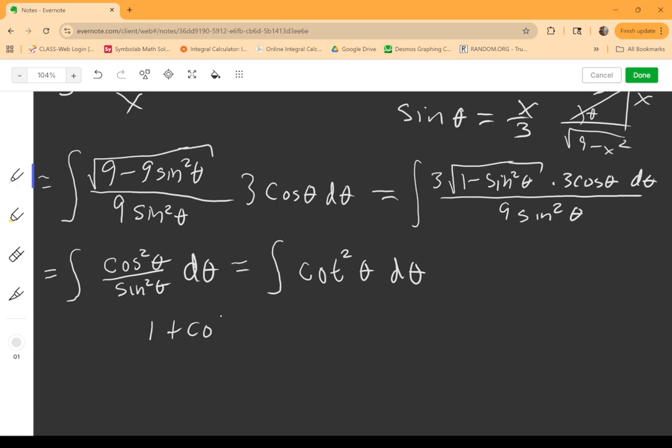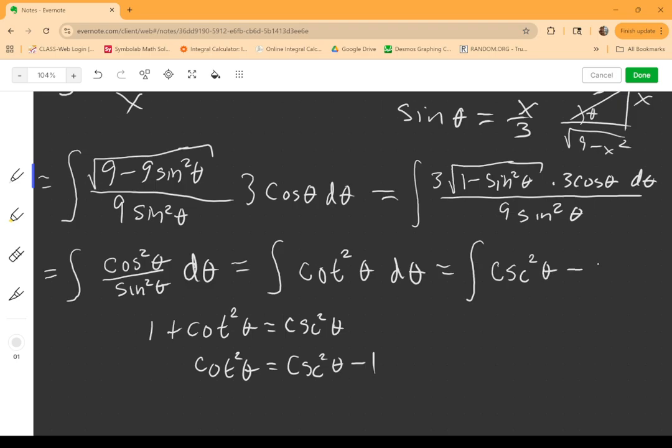So if this is true, then that means that cosecant squared theta minus 1 is equal to cotangent squared. And this actually does simplify this significantly.